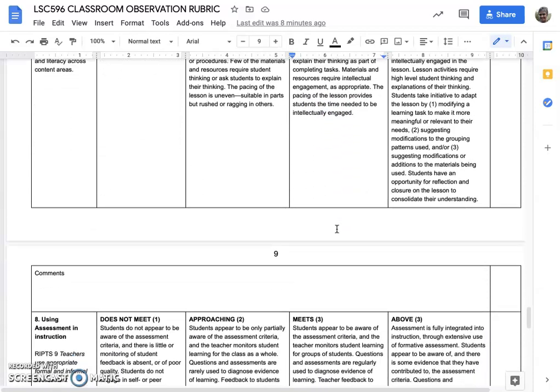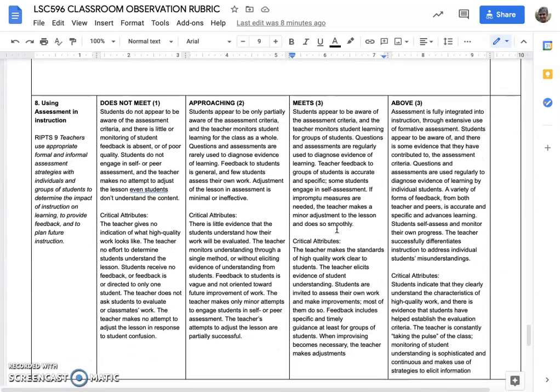The last one, using assessment and instruction. If you're going to be doing the focus on assessment assignment, you'll be covering this, and hopefully assessment, whether it's just formative or giving feedback to students or getting students to self-assess some of their work, becomes more natural for you.